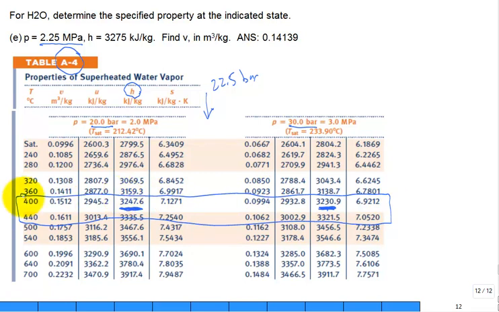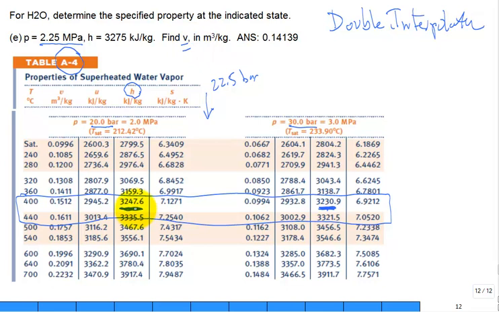So what we have to do is what we call a double interpolation. It's not that hard conceptually, but we need to interpolate with respect to pressure, as well as, you can think of it as enthalpy, to find specific volume or temperature. Either perspective works.